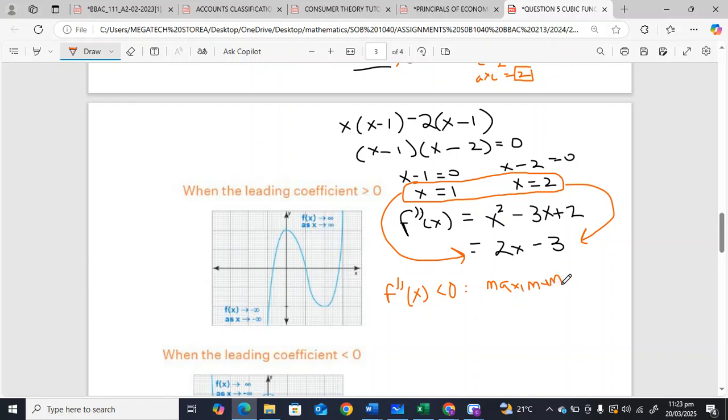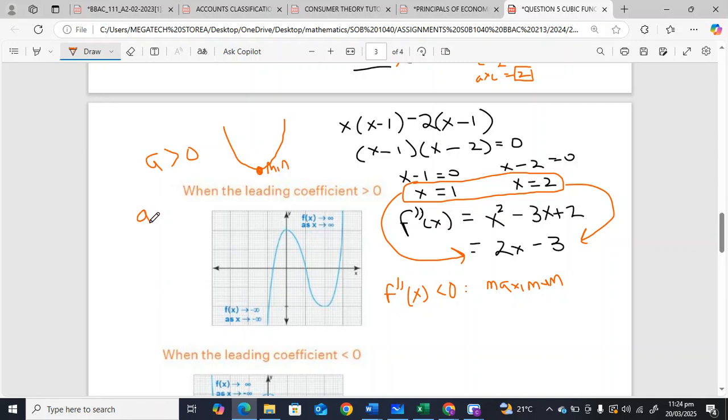Because remember, for a quadratic equation, if your first coefficient is greater than zero, your quadratic equation will look like this, and this is your minimum point.